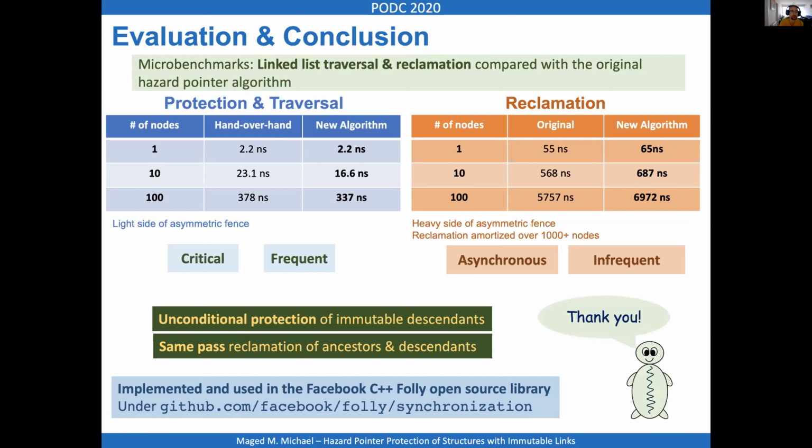Thank you very much. There's a question from Edith. She would like to know if the solution doesn't work if there are links which are not immutable. Yeah, in the library we use cases of link counting outside. Basically, we don't retire the descendant unless we reclaim the parent.